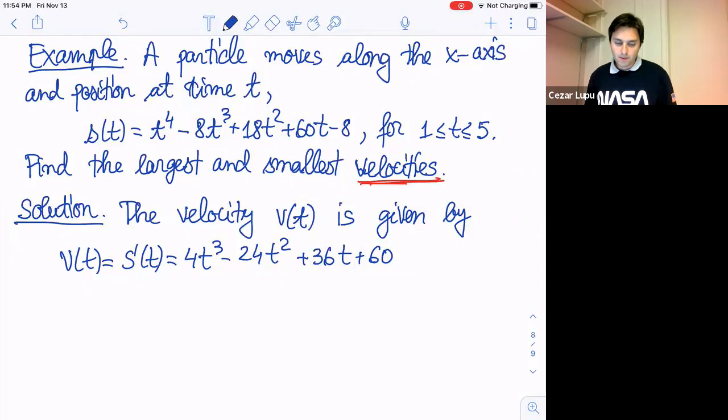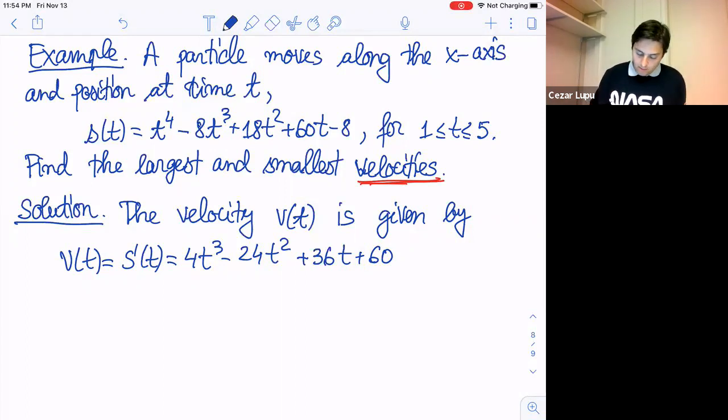Now we would like to find the absolute extrema. Pay attention here, because we're finding the largest and the smallest velocity. So in other words, we need to take the derivative again of the velocity and set it equal to 0.